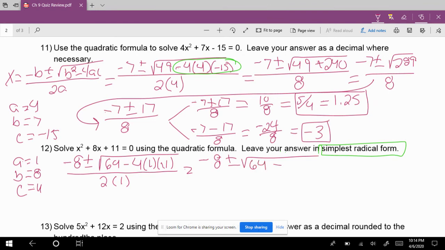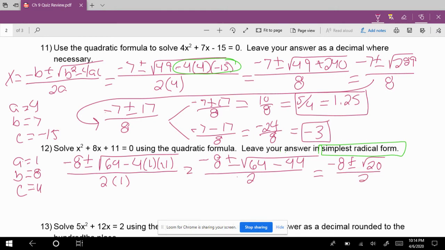And this will be minus, because I have negative 4 times positive 1 times positive 11. So that's a negative 44 all over 2, because 2 times 1 is 2. Okay, let's go ahead and do the subtraction under the radical. And I get 20.